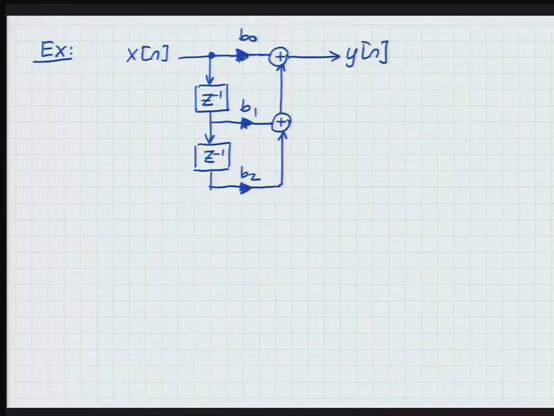So what is y of z in terms of x of z? Or what is the transfer function of the whole block from x to y? So that's the question, right? So with a repeated application of some of these series parallel things we discussed, we can actually figure out the transfer function for this block diagram. So let's first concentrate on this part.